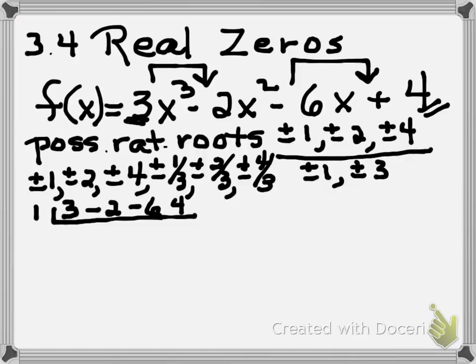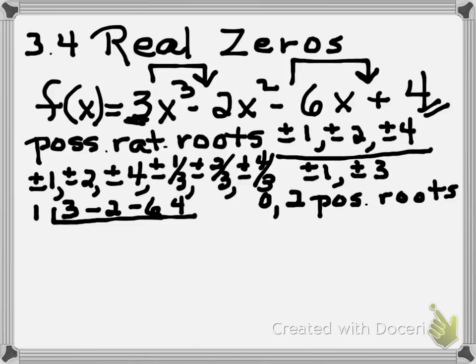So when it changed twice, that meant that we can get 2 positive roots. Also, if we subtract an even number, we could get 2 minus 2, or 0 positive roots. So we could get 0 or 2 positive roots.